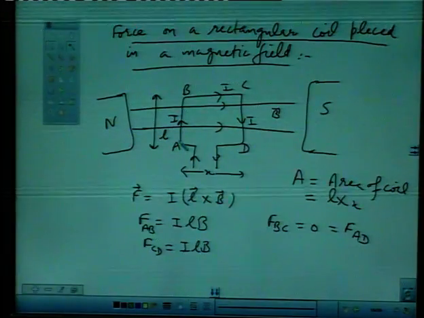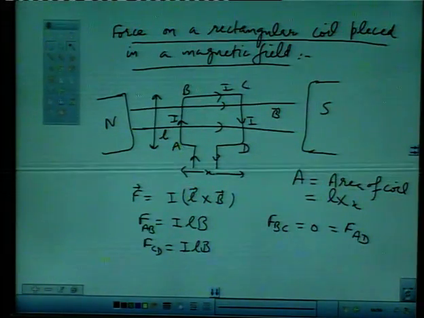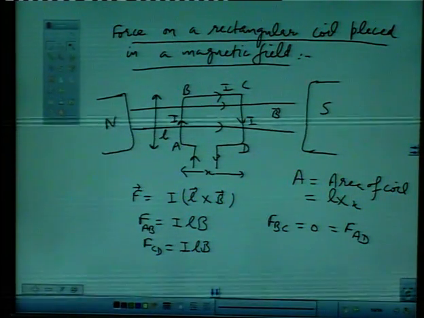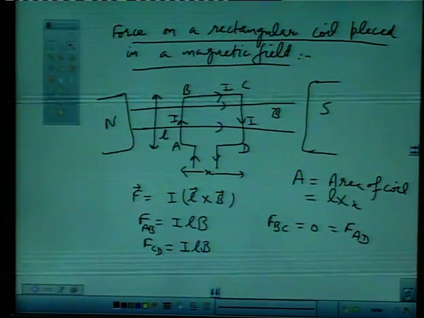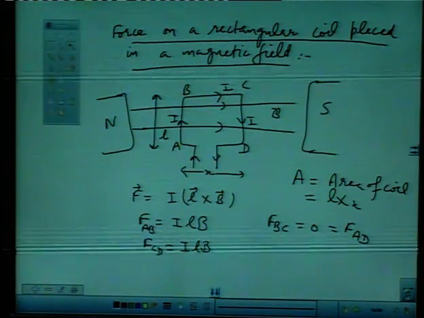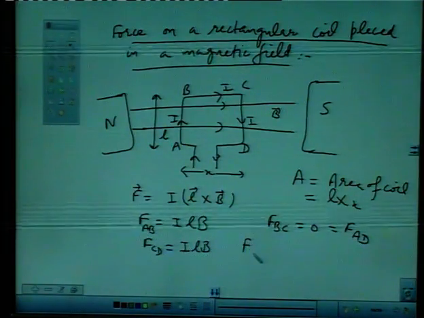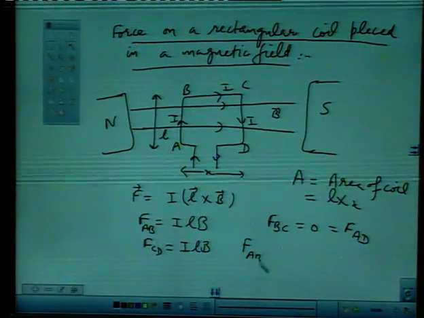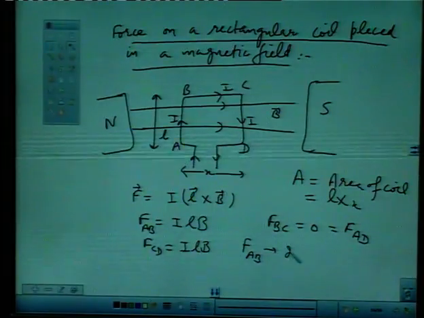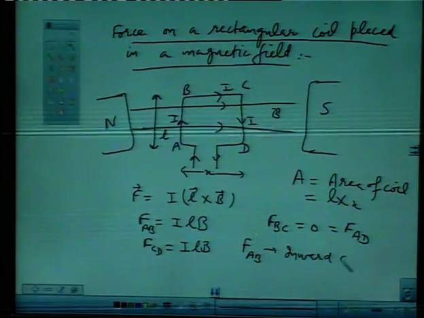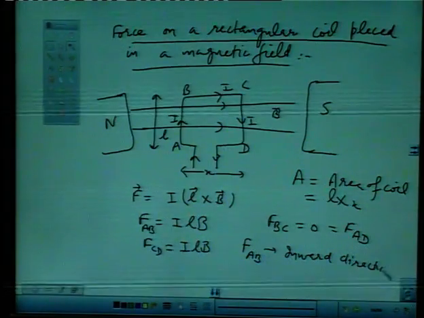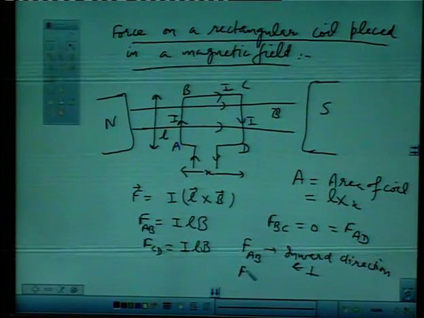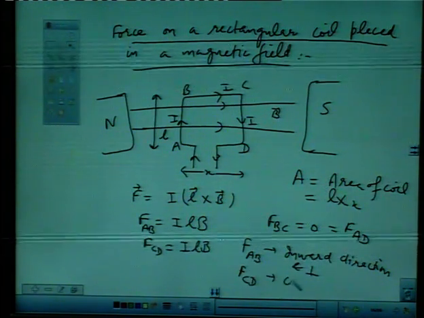But since the direction of current is upward in one side and downward in the other, one force will act in the inward direction. The magnetic force on side AB will be in the inward direction and perpendicular, and the force on side CD will be outward and perpendicular.